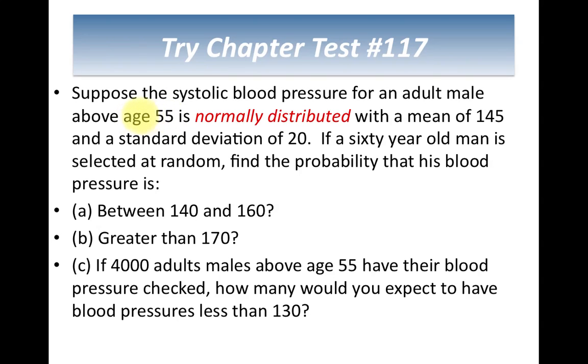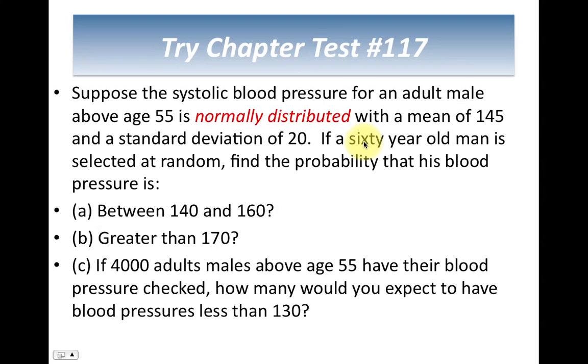We want to make sure that the group of people that we're working with are all generally the same age. So this is basically for consistency, that you're dealing with people that are generally all over 55 and you're not dealing with kids or young adults. It's just a matter of putting people into the same age bracket. It has no bearing on the problem. So the fact that this man is 60 means nothing.